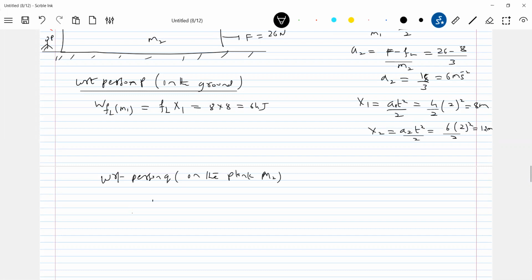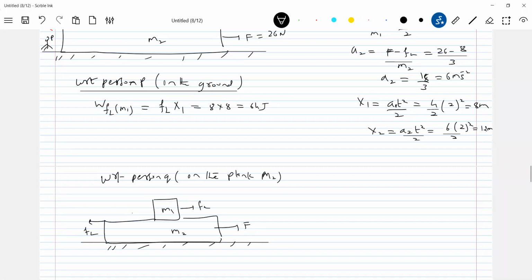Then how do we do the problem? We don't know in what direction the block will move with respect to the plank, so first we should have clarity on that.